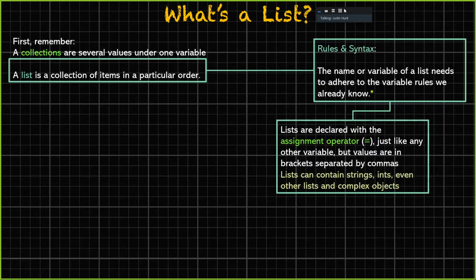So just like variables, lists are declared with the equal sign, also known as the assignment operator. And the only other difference between how we declare a variable as opposed to a list is Python uses hinters to help you inform the interpreter of what a data type is.